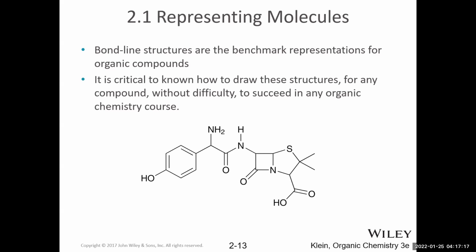So it is really going to be critical for you to know how to draw these structures, and when you see them, to know what they imply: to know where the carbon atoms are, to know where the hydrogen atoms that are not drawn in are, and to know where the lone pairs are. It will be really difficult for you to succeed in this course without understanding how to draw these structures. So do spend some time practicing drawing them.